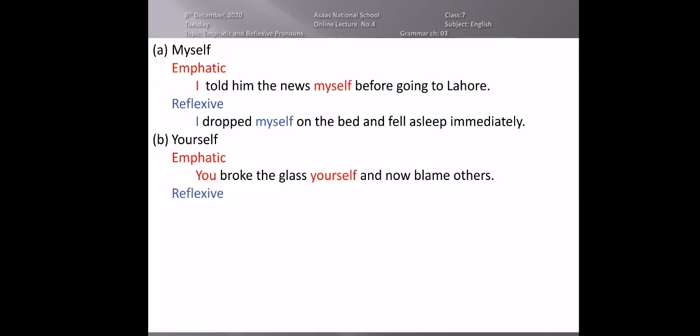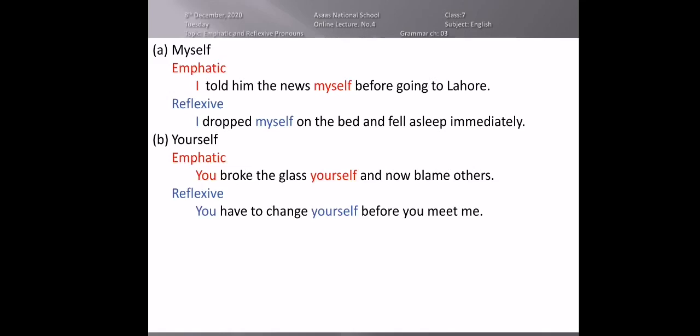Now let's use the reflexive pronoun of yourself. You have to change yourself. Here, you is the subject. And what is the action? Have to change. It is the action, and yourself is the object.